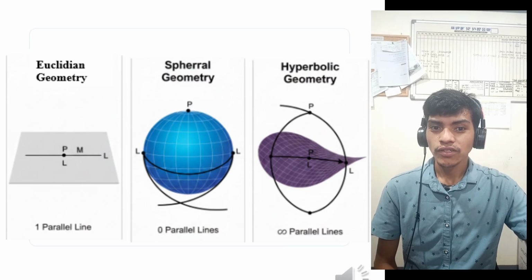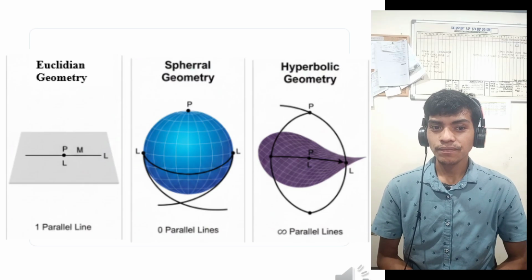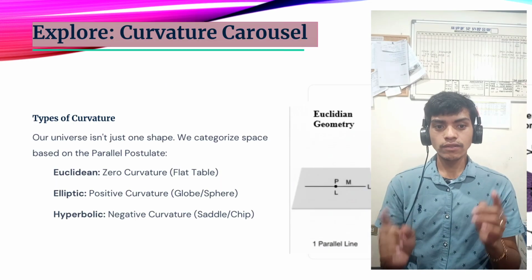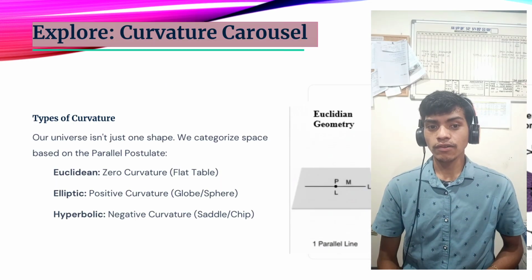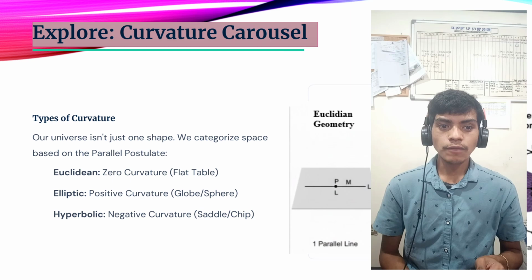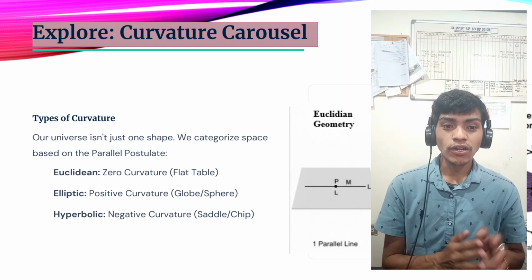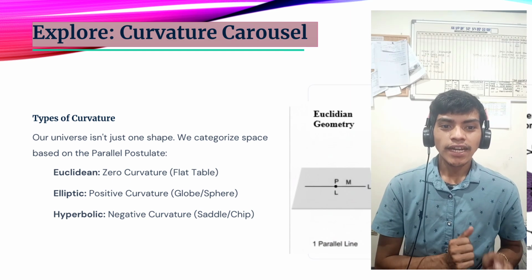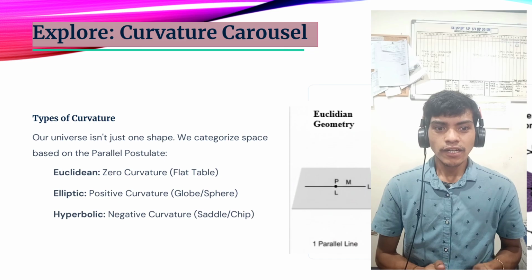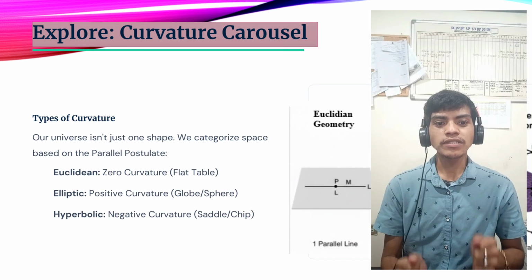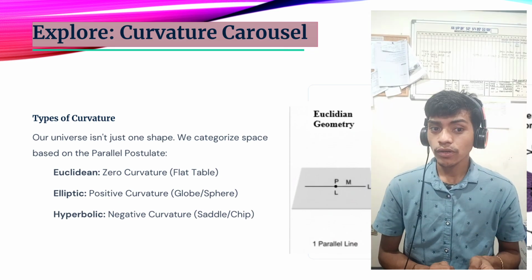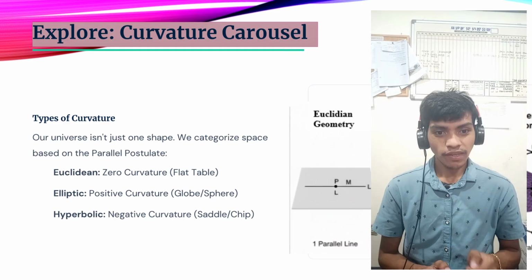So do you understand what this is? Okay, let's look at our curvature carousel. We have three types of space. The zero curvature is called Euclidean, and the positive curvature, like our world or a globe, is elliptic.